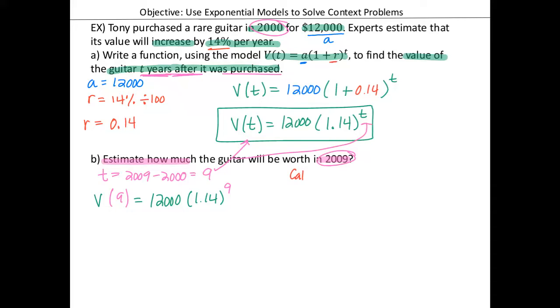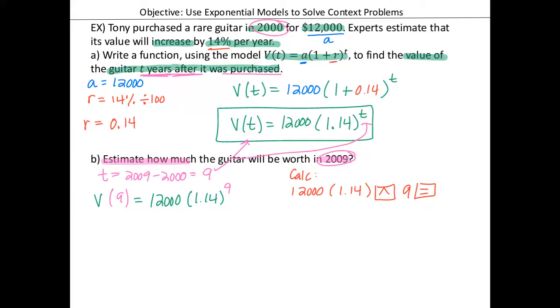For your calculator, you basically type it in just like you see it. You're going to type in 12,000. Then you're going to open a parenthesis, go 1.14, close the parenthesis. And then you need the caret key. The caret key is on top of the x squared. It looks like this, like a little teepee or tent. And then you're going to put 9 and equals.